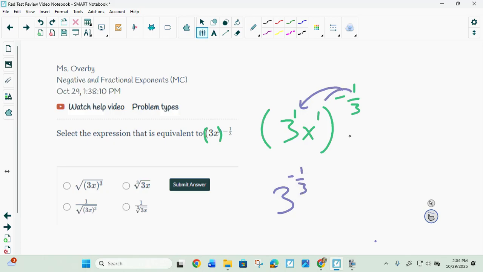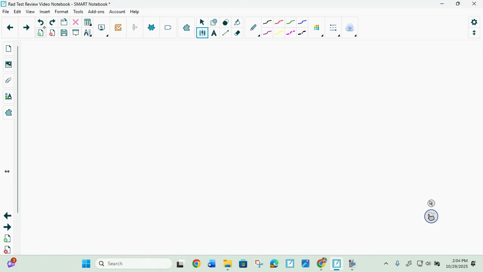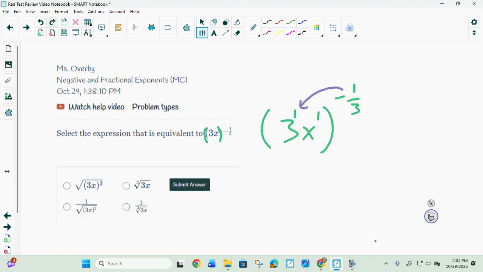And then -1/3 times 1 is -1/3. Oh, you know what? I'm not really looking at how they wanted us to do the answers, so that was not helpful, so just ignore. I should look at the answers first, right? So let's do that. I mean, what I did was right. Oh. Okay, come back. Maybe I should just have erased.